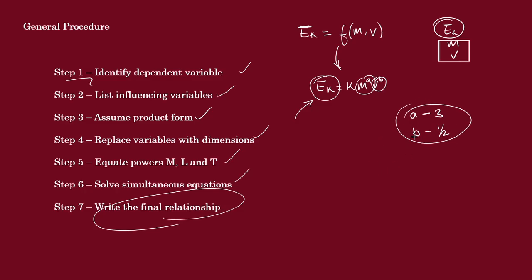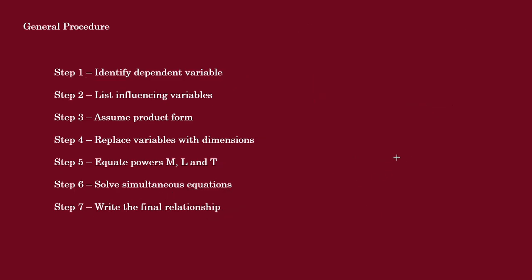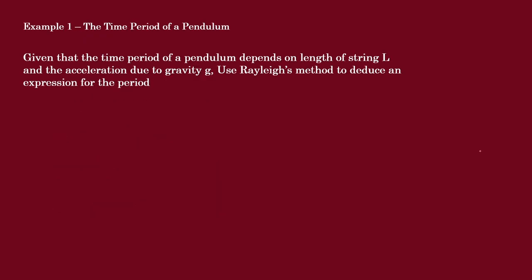This is just an example. Our established formula from the beginning was that Ek is going to be k times m to the a times v raised to power b. Substituting this, assuming this was our final answer, would be k m cubed root v, since we're raising v to the power of half. So this is the general procedure when solving with Rayleigh's method, and we'll get on to solving questions now.